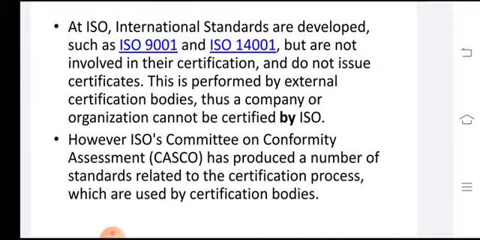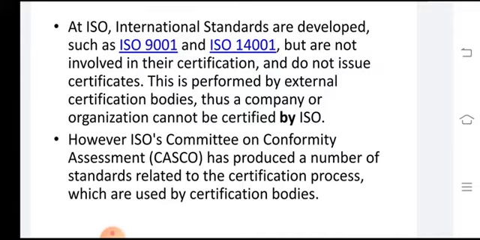ISO has developed some kinds of certifications, and for every certification there are some procedures. For those procedures, some documentation has been done. Now that documentation is going to contain guidelines.